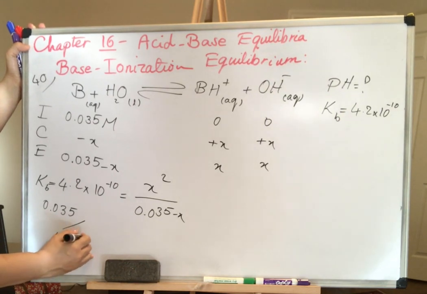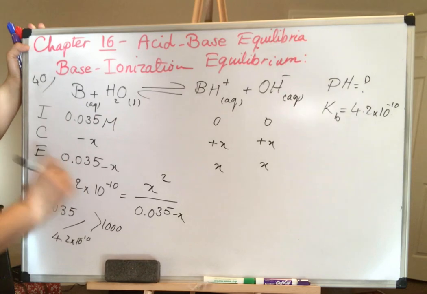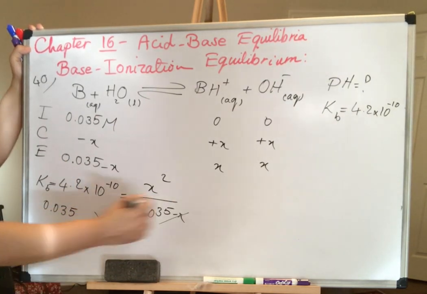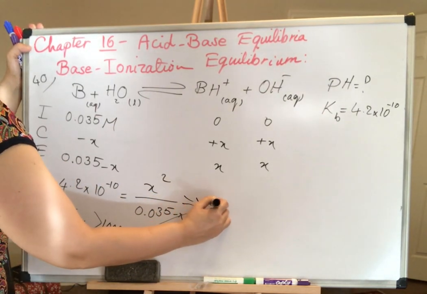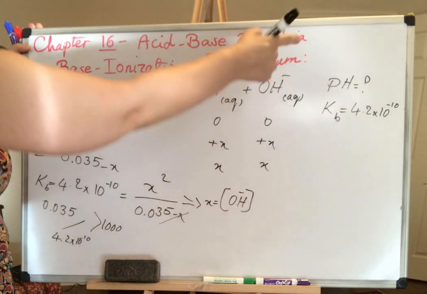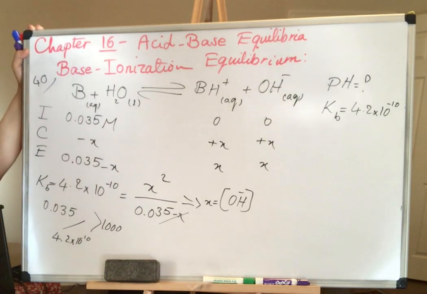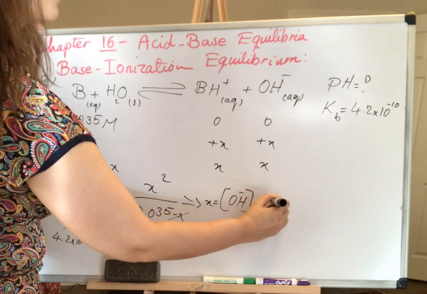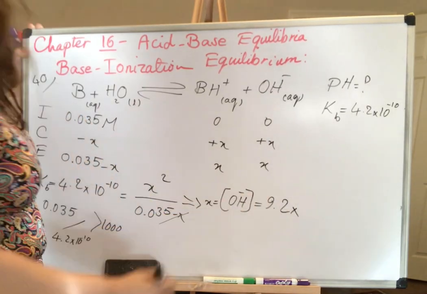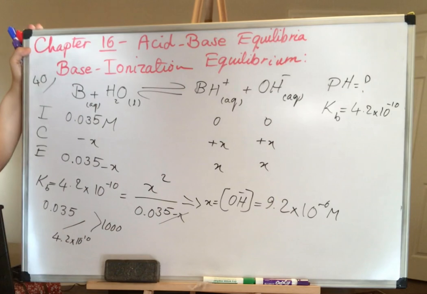There is a typo on the PowerPoint slides. It's definitely more than 1,000. So your assumption is valid, and when you calculate x, which is concentration of OH, and you just need the OH because you need to have the pH, don't bother yourself with the rest of them. x is going to be 9.2 times 10 to negative 6 molar.